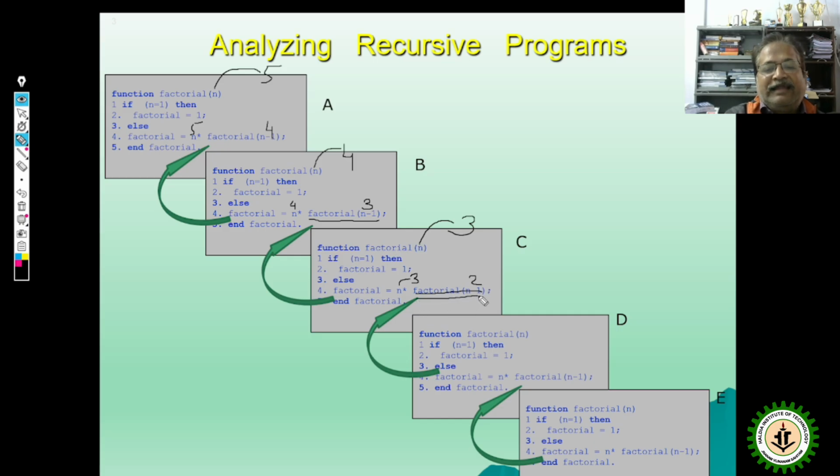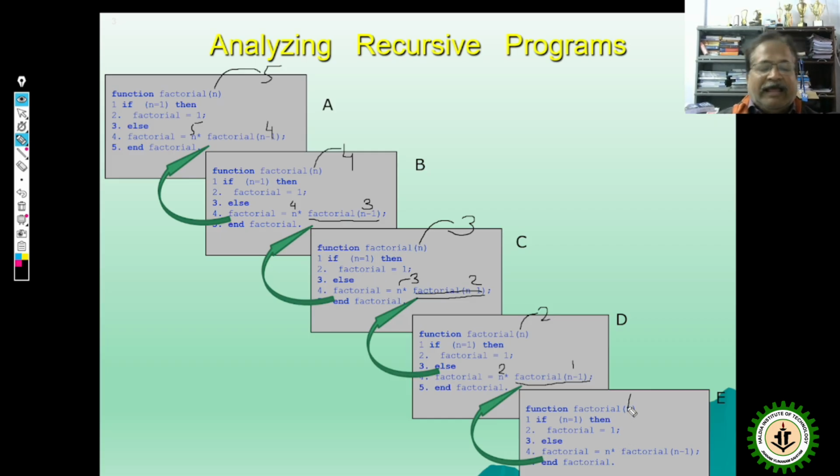Again it is a mother function and a calling function, and it calls factorial 2. That means n is not equal to 1, so it will be 2, and this is factorial of 2 minus 1, so this will be 1. Now the interesting part is that this is the calling function and it will call this function with the value 1.